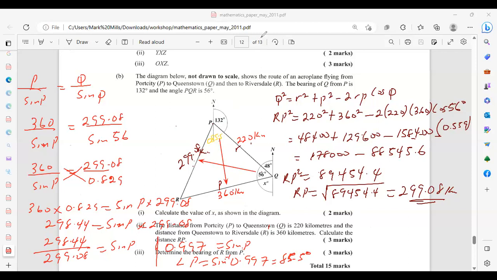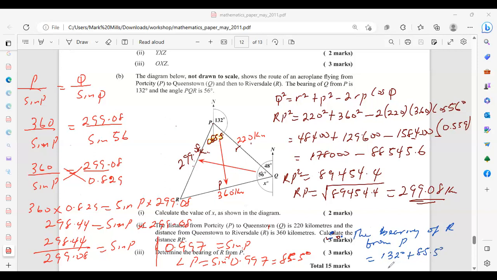So we say that therefore the bearing of R from P is equal to 132 plus 85.5 degrees.